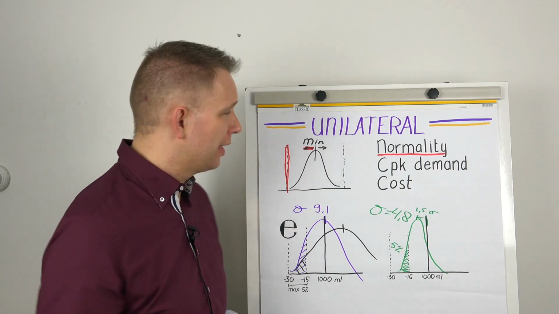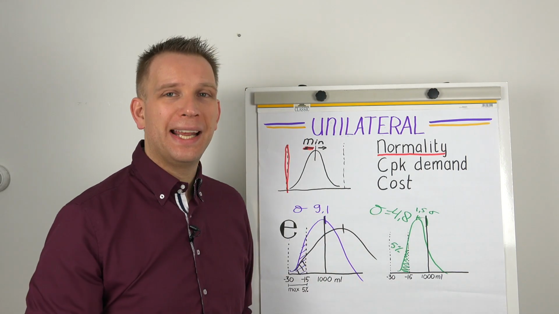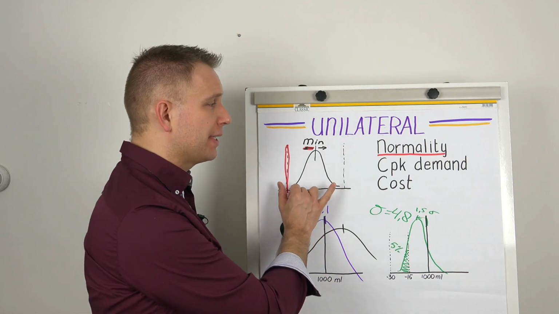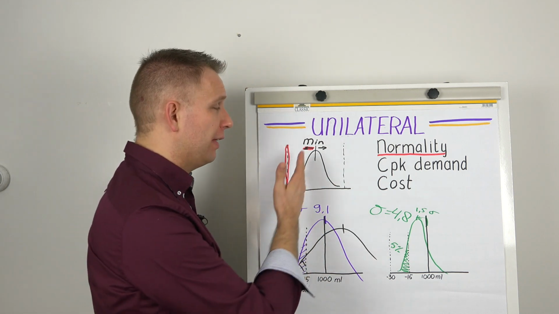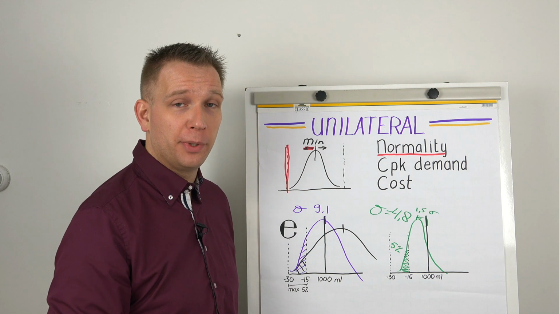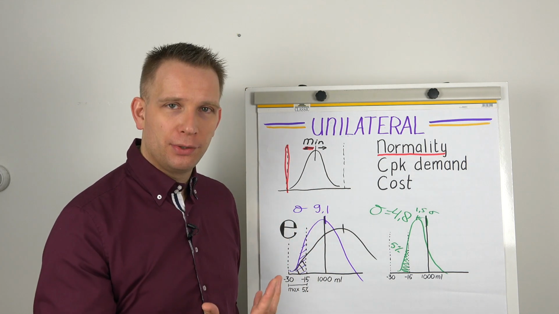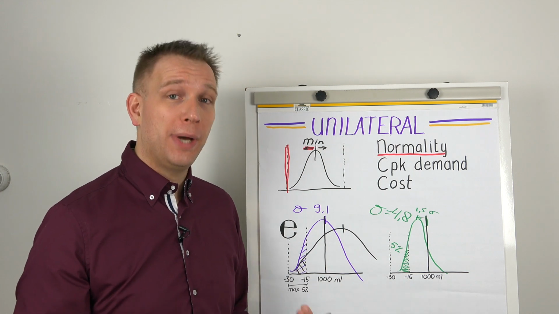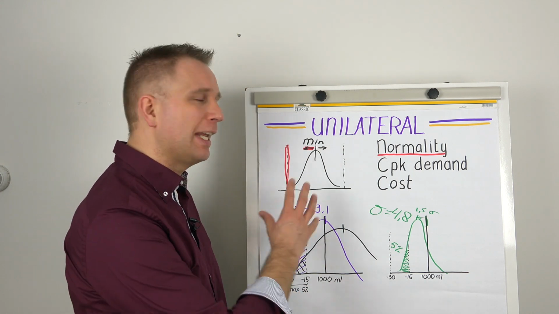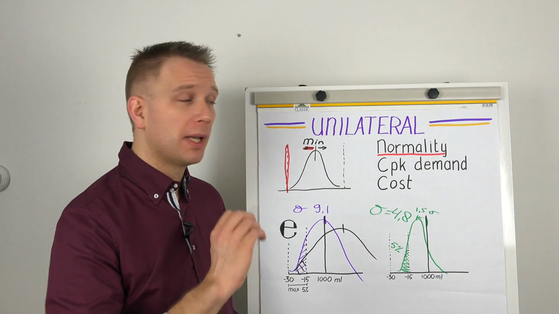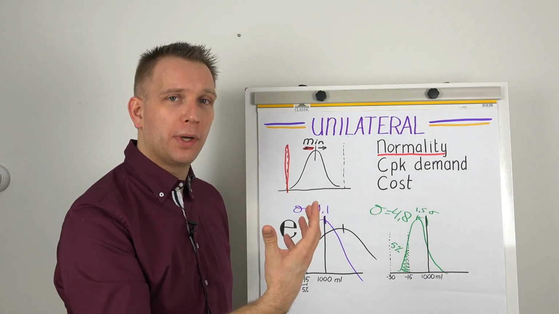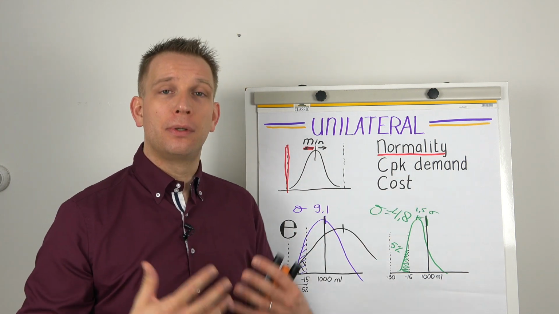So to rehash, when you have a unilateral tolerance, the basic CPK calculations are very easy. You already determine upfront which side you are going to test, but the practical situation around when you have a one-sided limit, they become very interesting because it becomes more of a cost and what is our expected quality level picture.